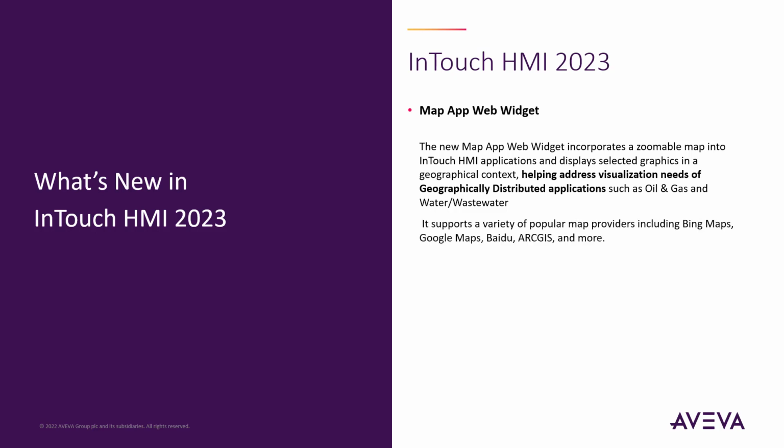It supports a variety of popular map providers, including Bing Maps, Google Maps, Baidu for the Chinese market, ArcGIS, which is very popular all over the world, and more. The Map App web widget is supported by both InTouch HMI as well as InTouch Web Client.